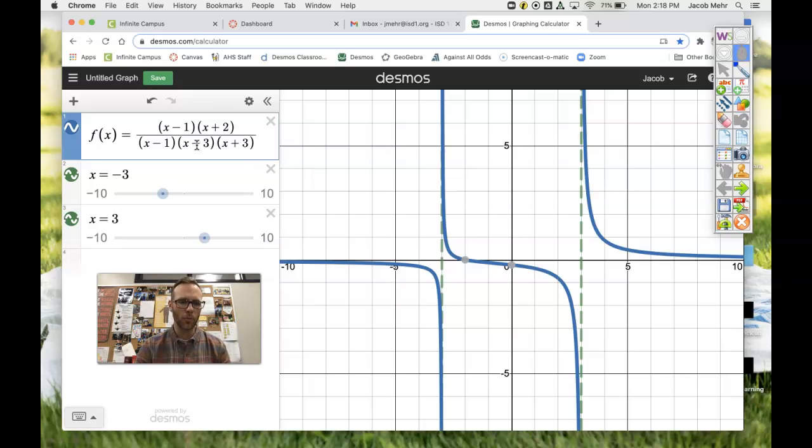Whereas if I put in 3, my numerator ends up being 3 minus 1 times 3, which is 10. So that's 10 over 0. That's the difference here. We end up with a hole where a factor is both in the numerator and denominator. We get 0 over 0, indeterminate, whereas we get vertical asymptotes when it's undefined, when the numerator is not 0 and the denominator is 0. Those are the key features we're looking at today, vertical asymptotes versus holes. We're going to look at one other feature as well, but let's just stick with the vertical asymptotes and the holes.